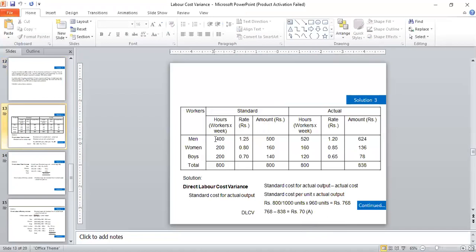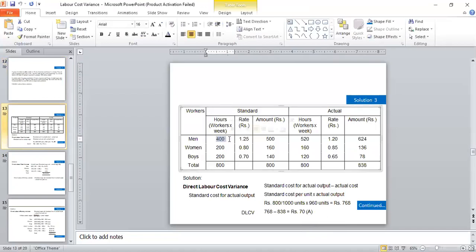Then in the table we have 400 hours for men, 200 hours for women, and 200 hours for boys. And the standard rate is rupees 1.25 for men, 0.80 for women, and 0.70 for boys.